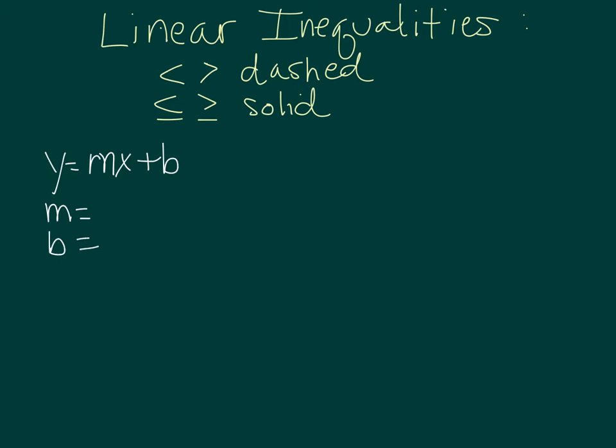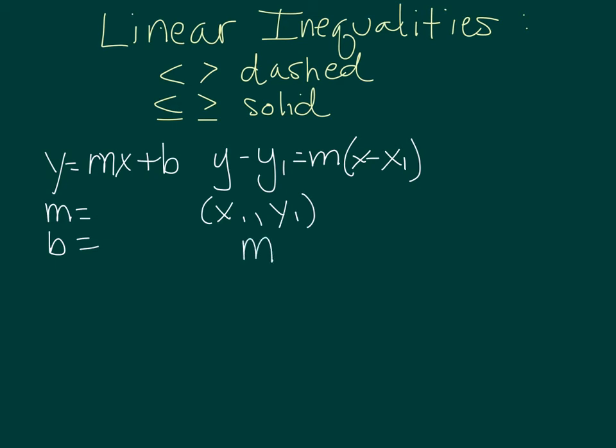When you see the form y minus y1 equals m times x minus x1, identify the point, x1, y1, and the m. Remember, we begin with the b, we put on the point, and then we move with the m.